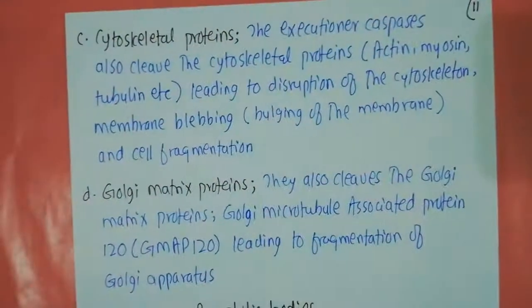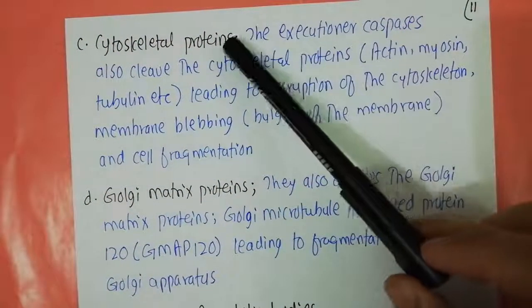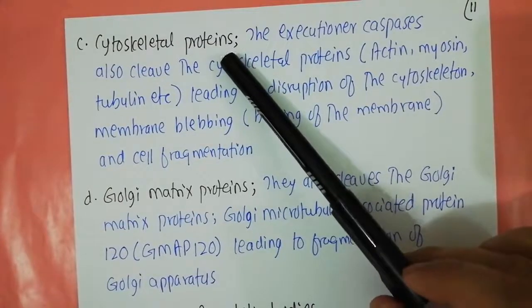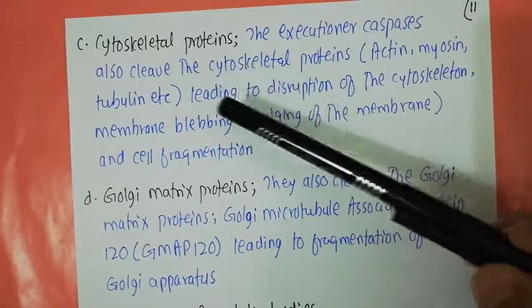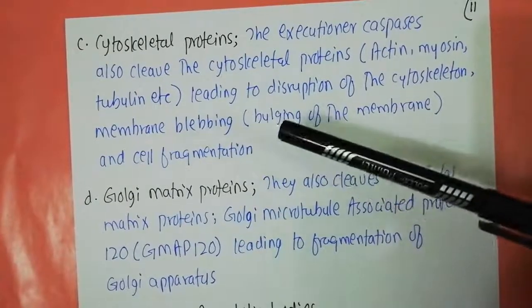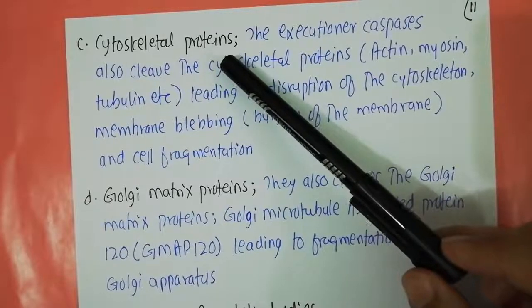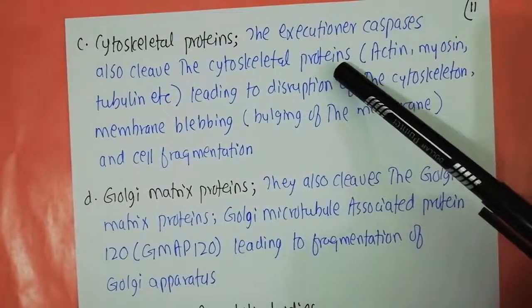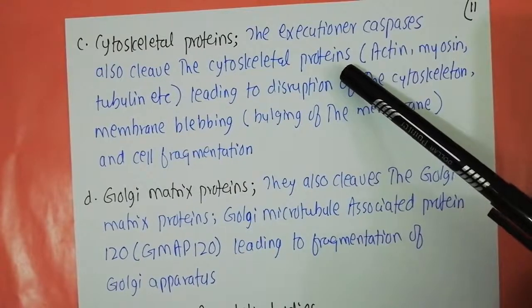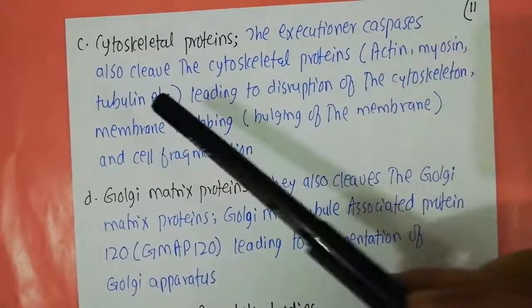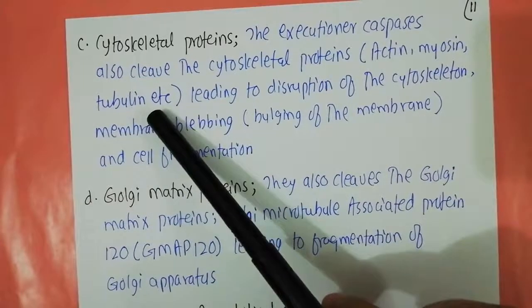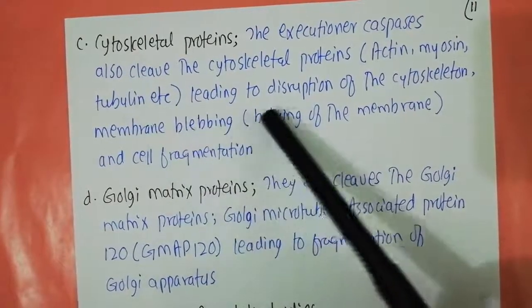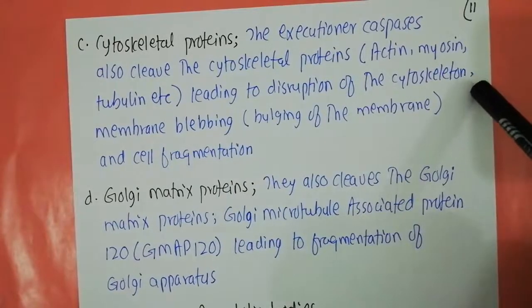degraded. Another important target of the executional caspases are the cytoskeleton proteins. Now these cytoskeleton proteins are very important for the normal structure of the cells. So when the executional caspases cleave the cytoskeletal proteins, for example the important cytoskeleton proteins in the cell like actin, myosin, and tubulin, it leads to the disruption of the cytoskeleton.